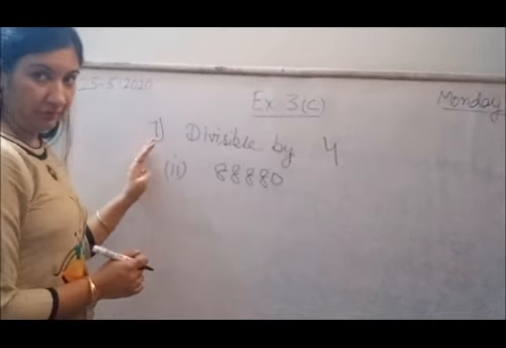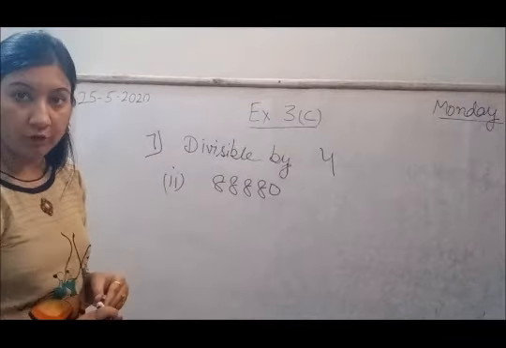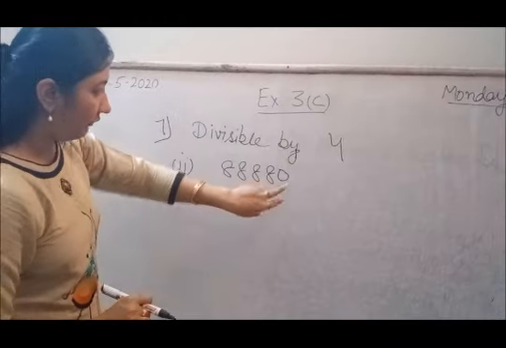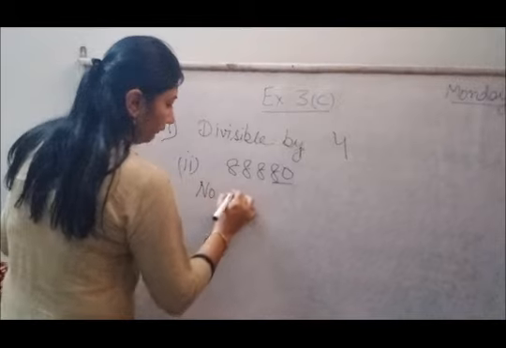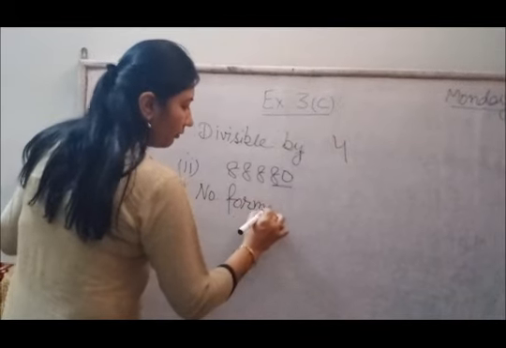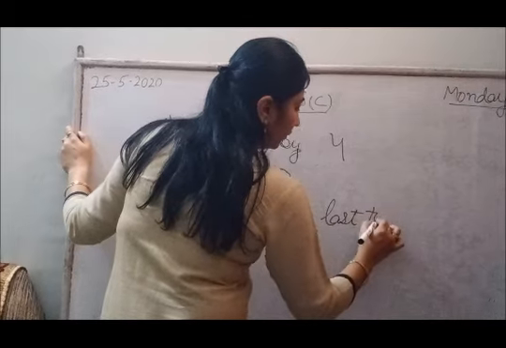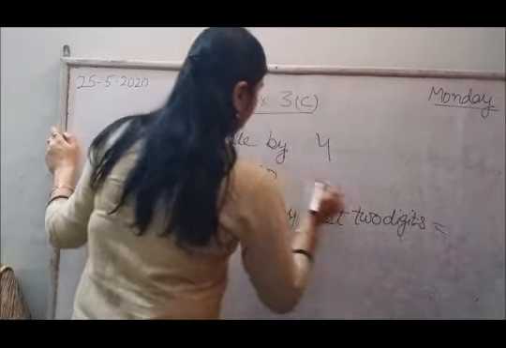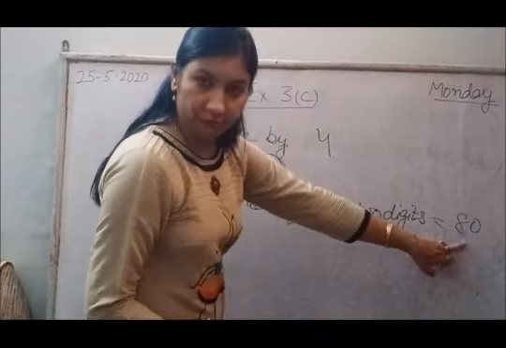Now question number 7. You have to check divisibility by 4. What was the rule for that? You will check the last 2 digits. You have to check the number formed by the last 2 digits. What is the number formed by the last 2 digits? That is 80. Is 80 divisible by 4?